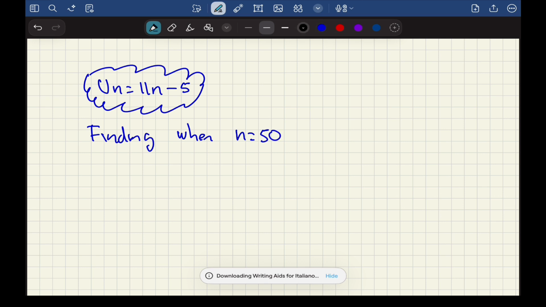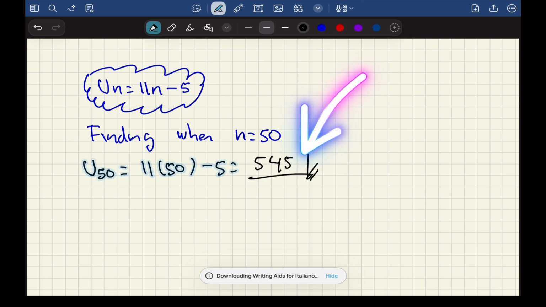Here comes the trick. It is going to be 11 times 50 minus 5. We can perform this. 11 times 50 is 550 minus 5. So this number is the number using the position 50. And that's it. This is C.